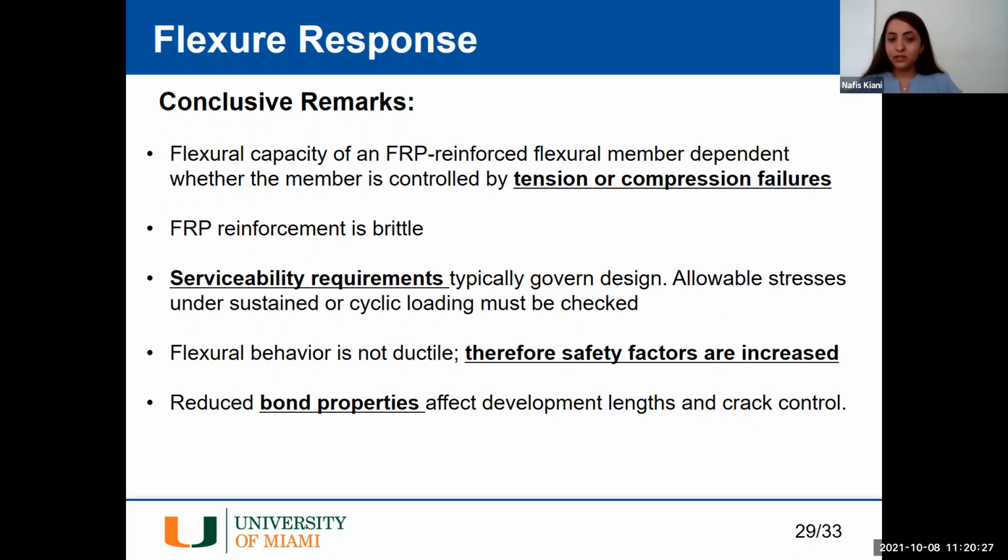And in most cases, the serviceability requirement governs the design, but the allowable stresses under sustained or cyclic loading must be checked. And the flexure behavior is not ductile, and therefore the safety factors are increased. And also the reduced bond properties affect the development length and crack control in flexure members.